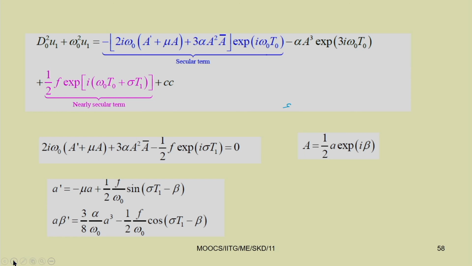Here cc represents the complex conjugate of all the preceding terms. So here you have 3 terms, and cc represents the complex conjugate of all these 3 terms.